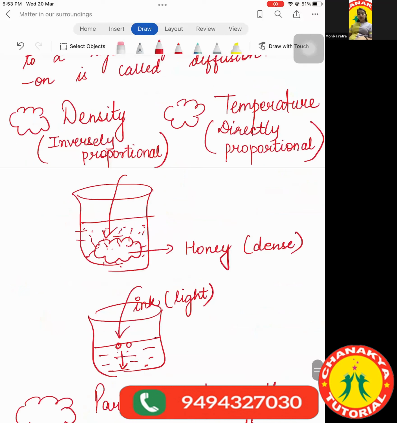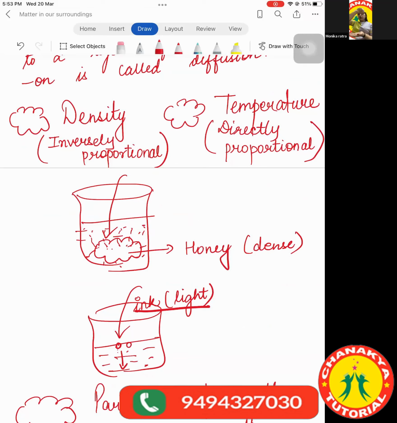For example, with honey and ink in water, the ink is light in weight, so if we drop ink particles, they are maximum at the top, so they move to the bottom. Whereas if we drop honey, the particles collect at the bottom, and they tend to move upwards because the region of higher concentration is at the bottom now.